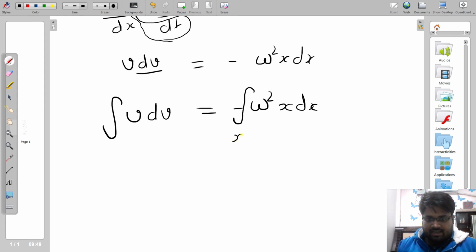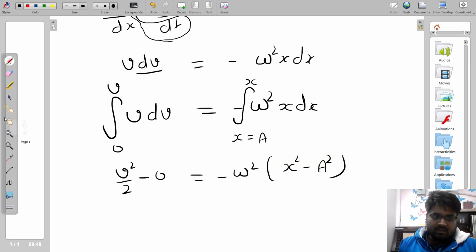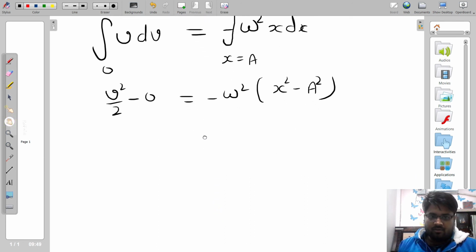So when x is equal to a, v is 0. When x is equal to x, then v is v. From here we can say that v square minus 0 is equal to minus omega square times x square minus a square. Now this is the equation we have right now.